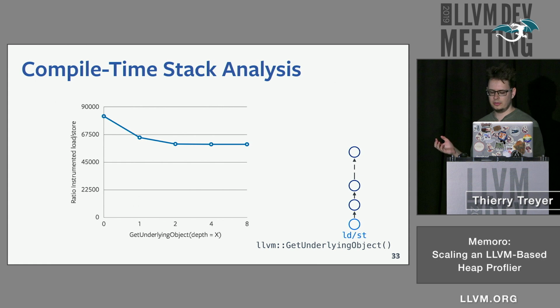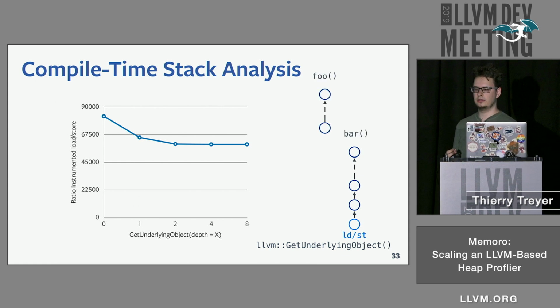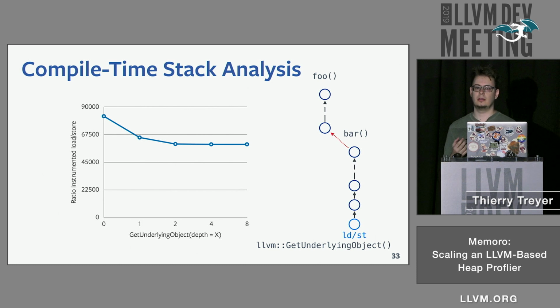One of the reasons we think we have this problem is when you have two functions, and foo is calling bar with some of its stack parameters, well, getUnderlyingObject is not able to bridge the gap, and we would need to come up with some better interprocedural analysis to be able to have this information. So this is also something we're hoping to find some improvement on.